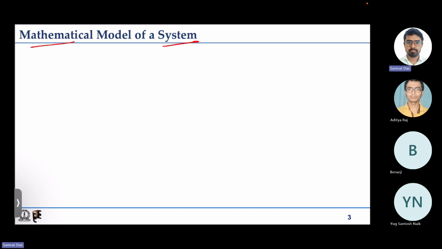That is, if we make certain approximations and assumptions, then a physical system can be described by a model, and that model most often is mathematical. So what is a mathematical model? A mathematical model is, again, a mathematical representation.